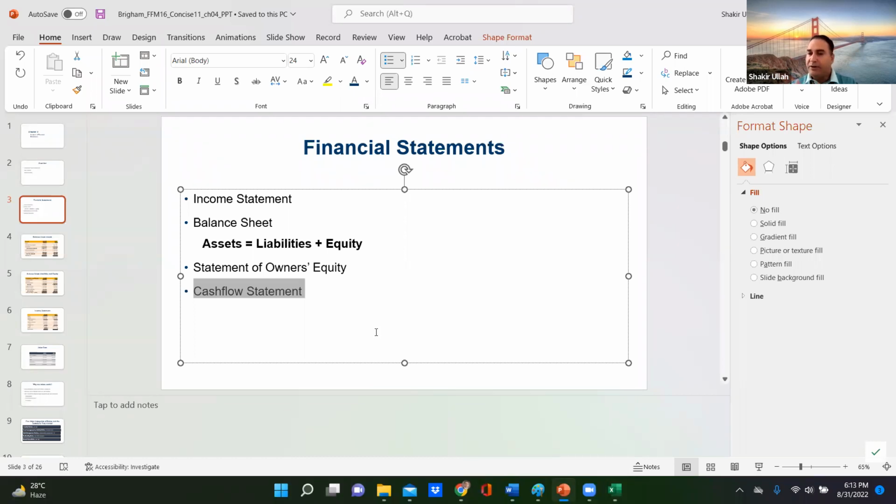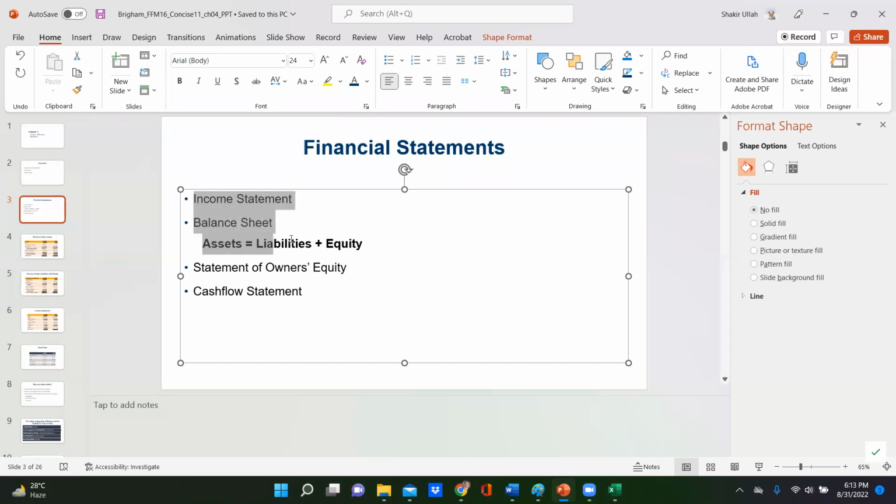If there are some loopholes, probably the cash is going into unnecessary or less important items, and we will have to keep control on that. And if we are going to have less cash, probably a shortage of cash in the future, we will have to plan for that. So this is another statement that we prepare. Now, in this particular course, we will primarily focus on the income statement and balance sheet.